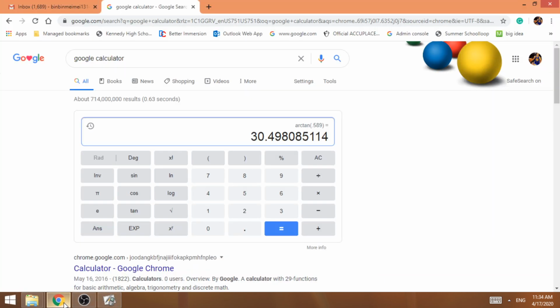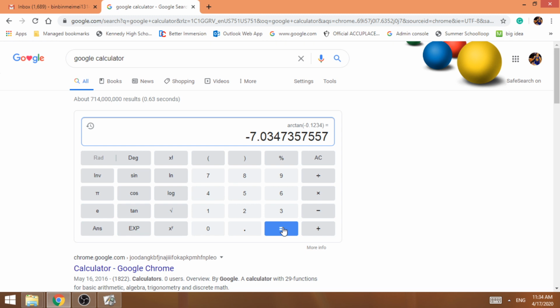So let's do it on the calculator. Inverse of tangent, parentheses, negative 0.1234. Okay, like that. And then hit enter. So that will give you the negative angle. It's negative 7.03.